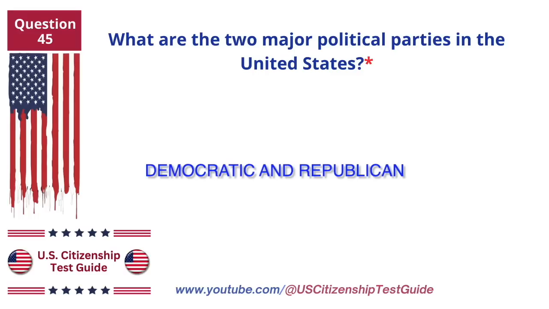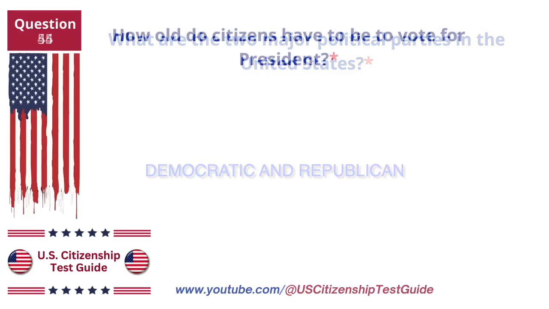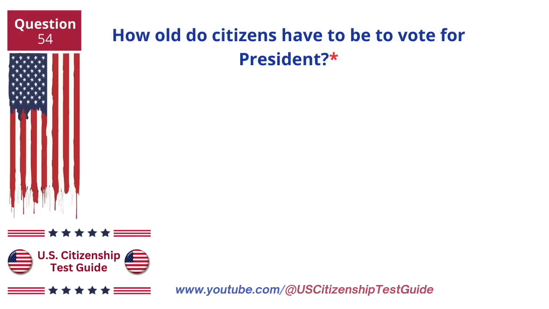Democratic and Republican. How old do citizens have to be to vote for president? 18 and older.